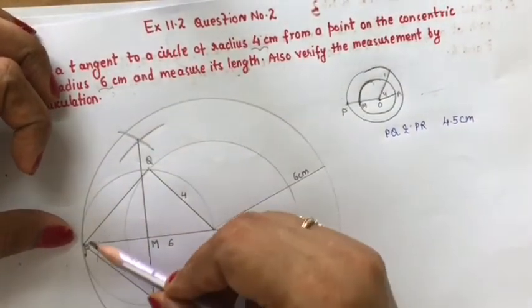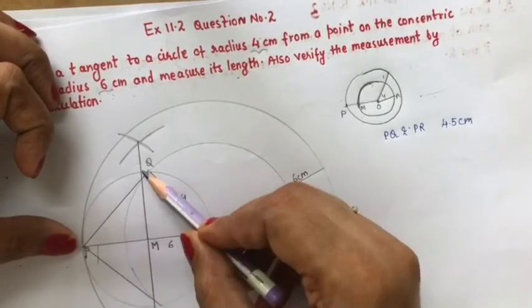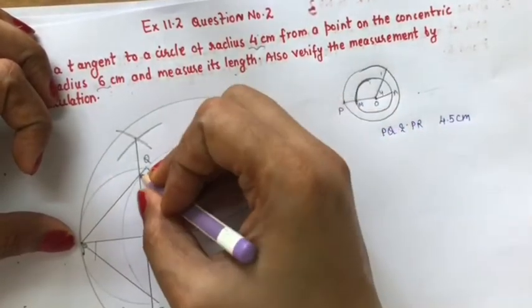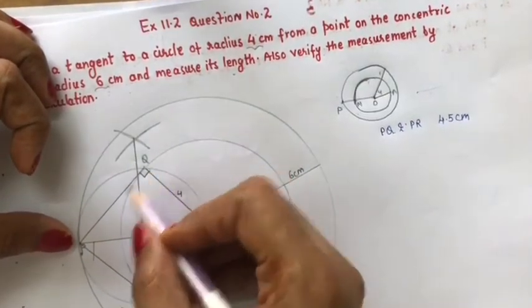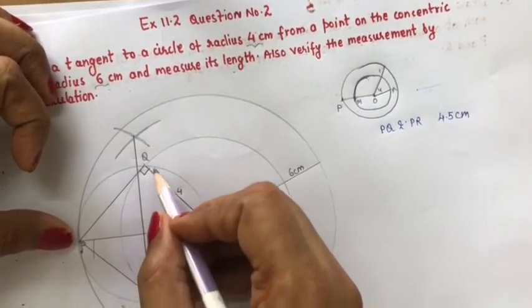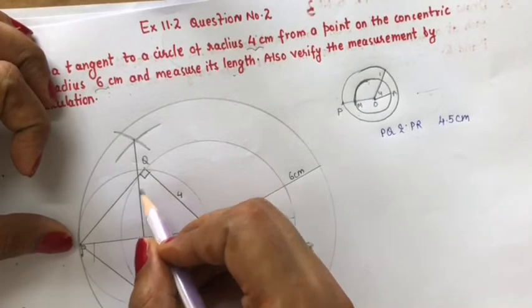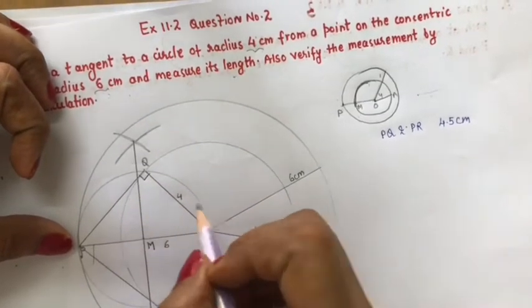You know that our tangent is perpendicular to the radius, correct? So for this circle, this is the radius and this is the tangent, so this should be 90 degree. So we can use the Pythagoras theorem.